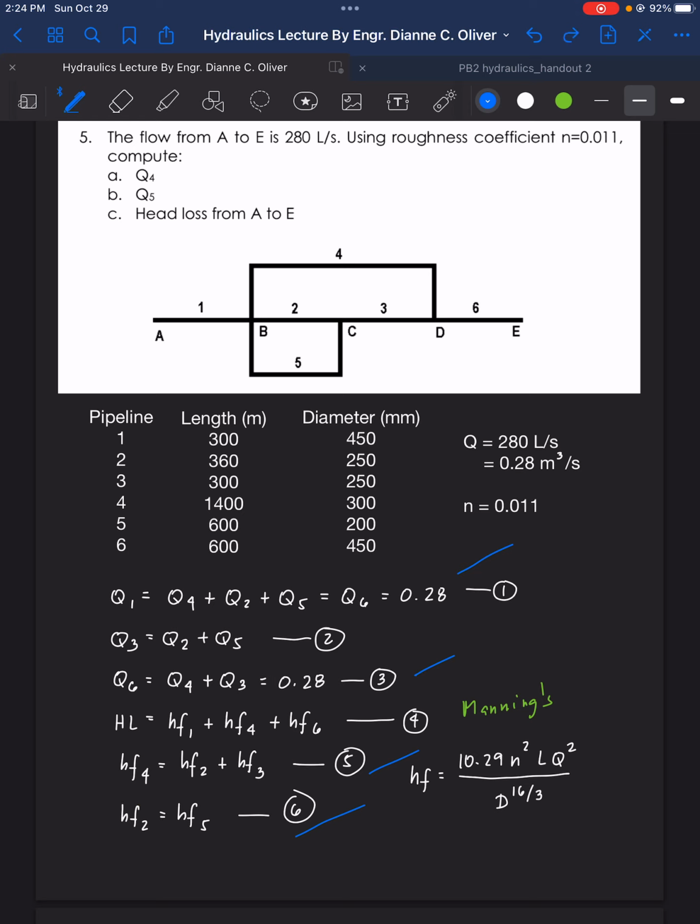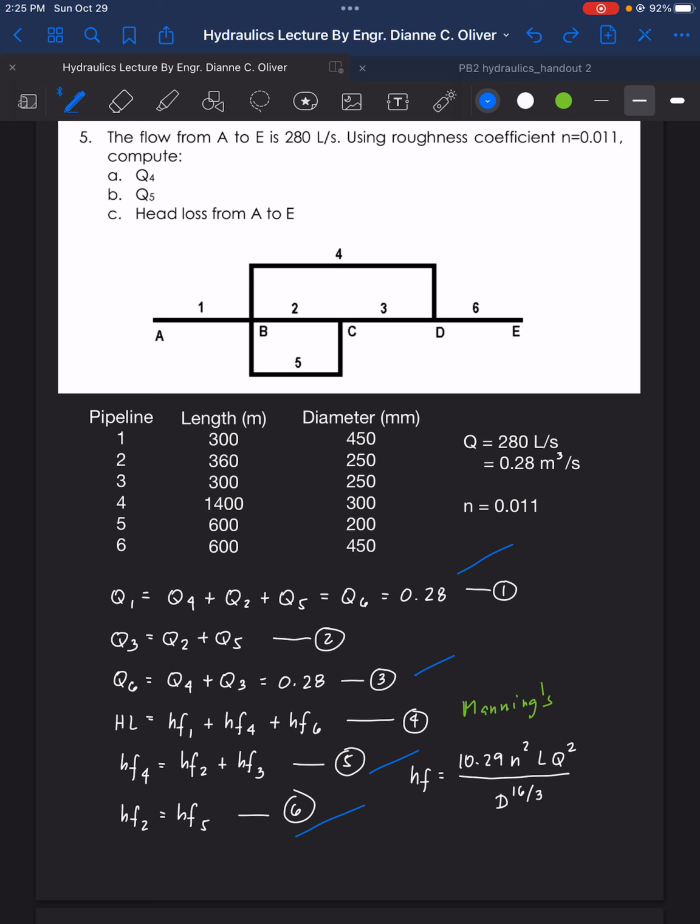Then we will jump to equation 3. Since we will have Q2 in terms of Q5, we will get the value for Q3 in terms of Q5. So in equation number 5, the Q2 is in terms of Q5, the Q3 is in terms of Q5, so we can get the value for Q4 in terms of Q5.